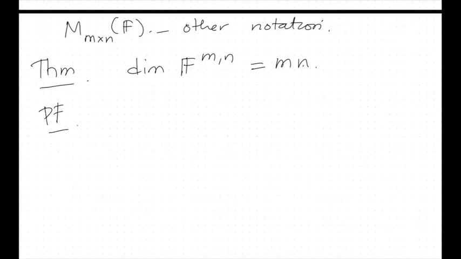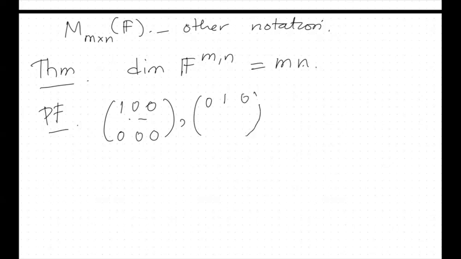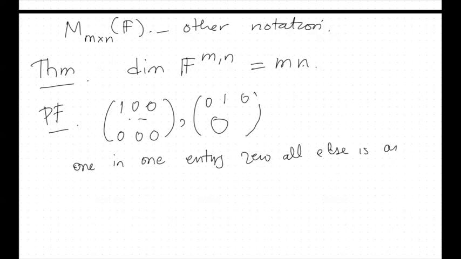The outline of the proof is the following. Take the matrix with 1 in one entry and 0 in all else, and verify that these span F^(m,n).